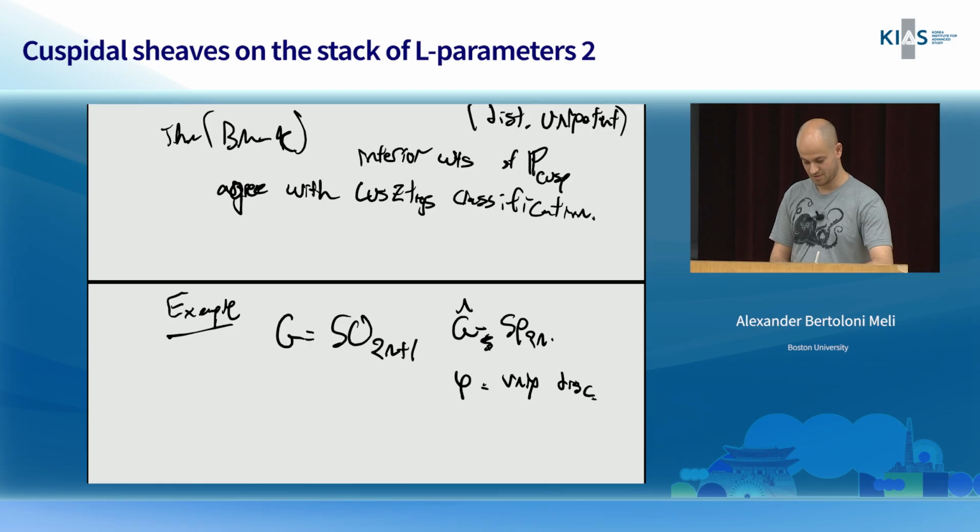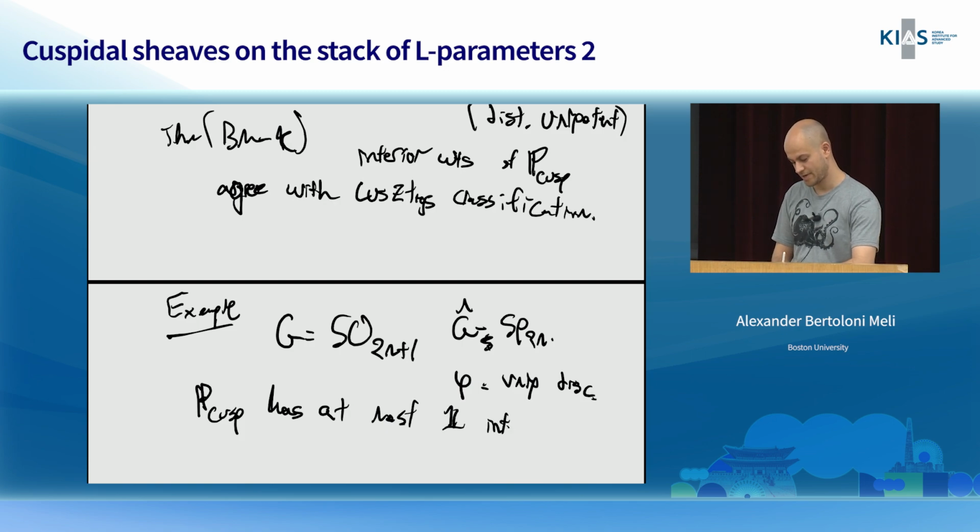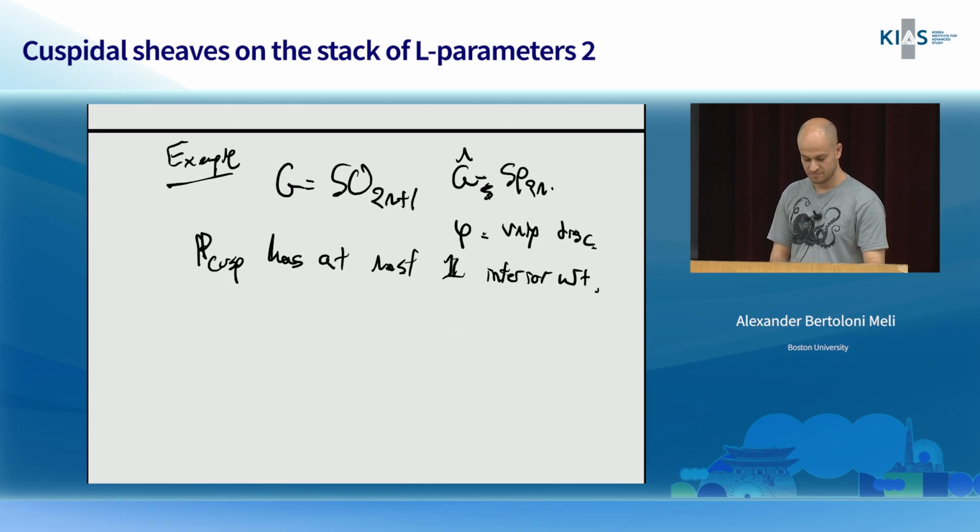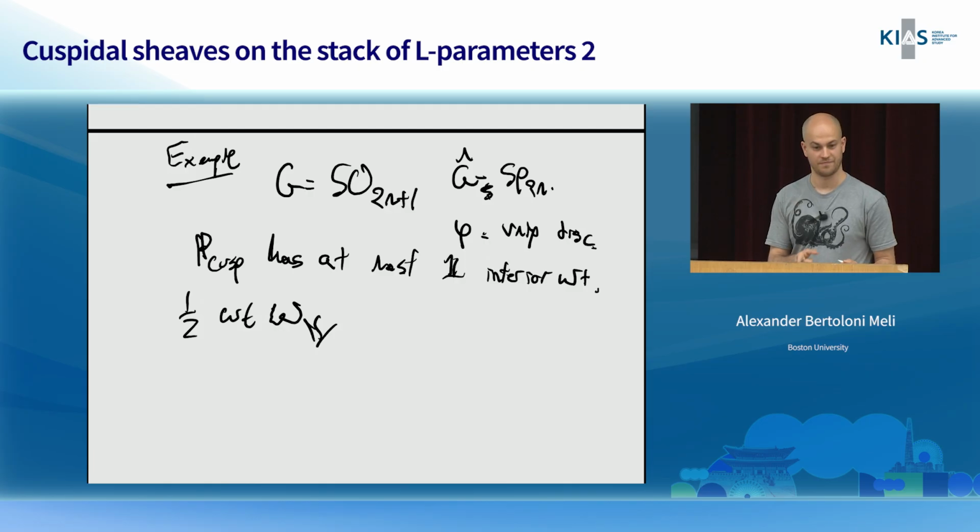It turns out that P cusp in this case has at most one interior weight. And it turns out that this will be 1/2 the weight of the dualizing thing of V.